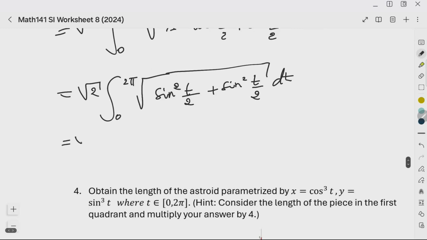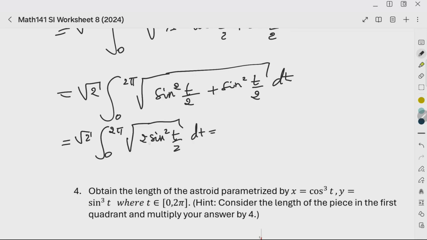And that is equal to the square root of 2 multiplied by the integral from 0 to 2 pi of the square root of 2 sine squared t over 2 dt. Again, we get rid of the 2 next to sine squared, and we have now the square root of 2 outside multiplied by the other square root of 2 multiplied by the integral from 0 to 2 pi of the square root of sine squared of t over 2 dt.